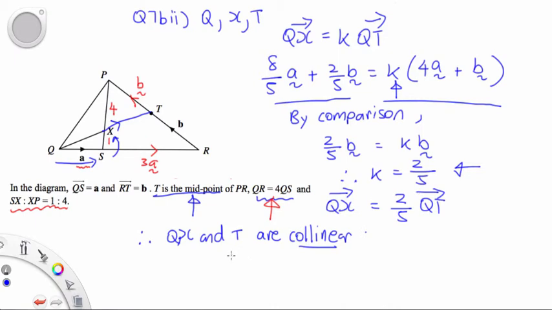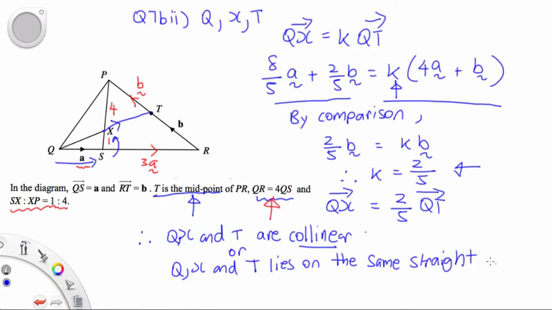You can also write down, or QX and T lie on the same straight line. So take note of these. QX and T are collinear, or QX and T lie on the same straight line. Now the last thing you can also talk about is their length.